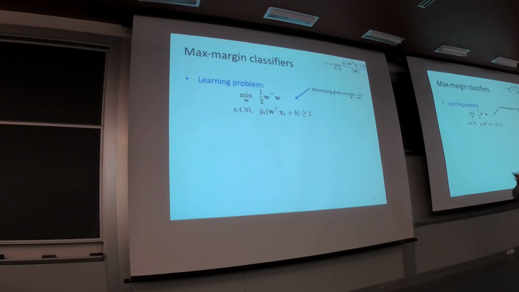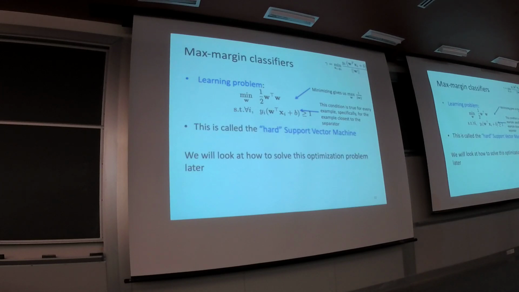Here, 1 is simply for convenience. Any question so far? Okay. And this set of constraints, as we just emphasized, just reflects our intentional setting of the scale of the function margins. That's it. And this formulation is called hard SVM.